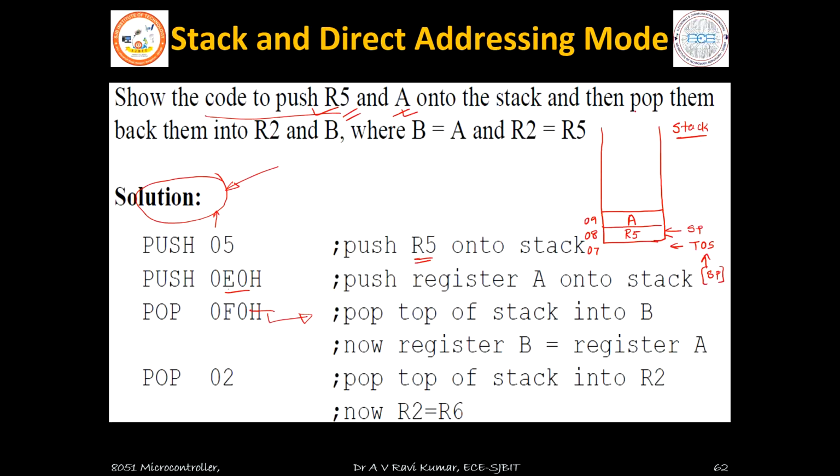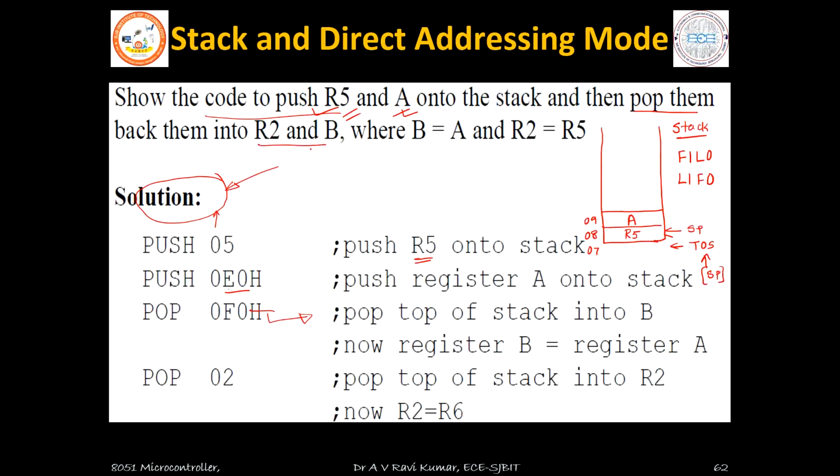Then we need to pop them back. As we know, it works in last in, first out order. So the last one in, the accumulator, should be popped back to some register through direct addressing. Here I want to pop them into the R2 and B registers.